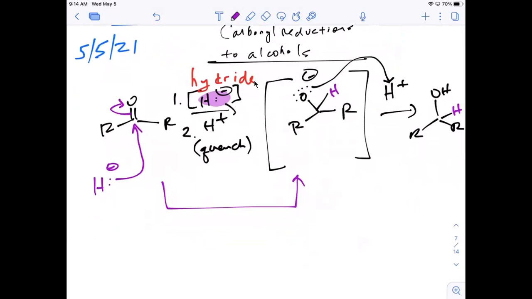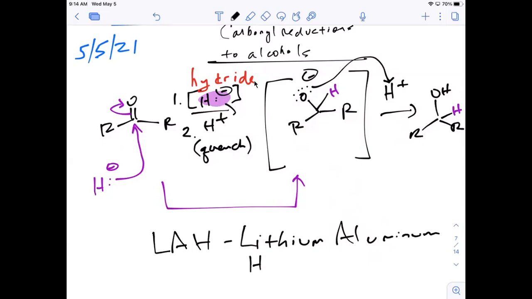Some of the ways that we'll see on the worksheet is LAH, which is lithium aluminum hydride.